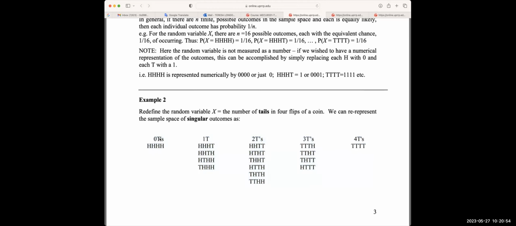So I'm going to use 0, 1, 2, 3, and 4 as my values, but the phenomenon above in example 1, I'm going to use to estimate or calculate the probabilities of each of those outcomes.